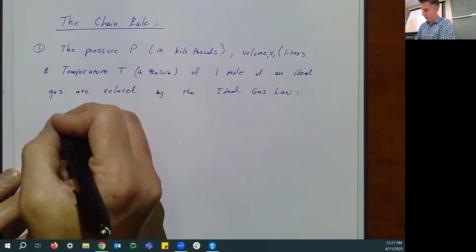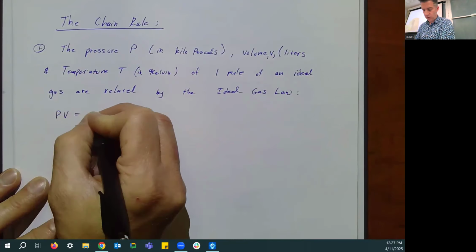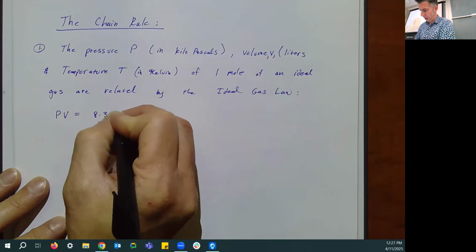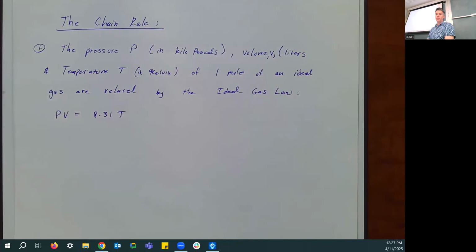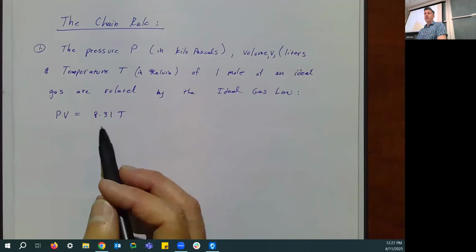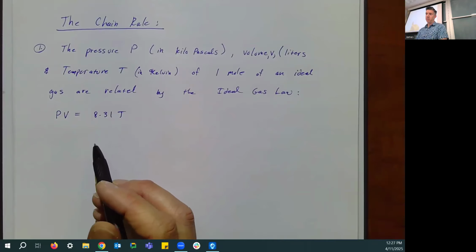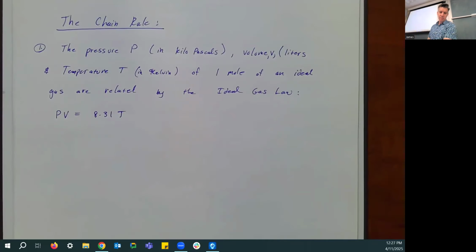One way of writing this is that P times V is equal to 8.31 times T. I think the actual equation is PV equals nRT, and I'm assuming n times R is 8.31. Not worried about it.